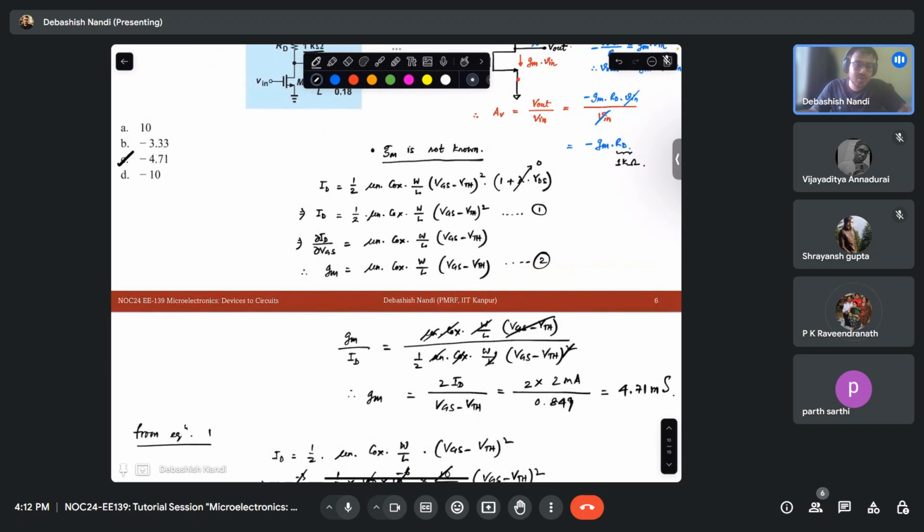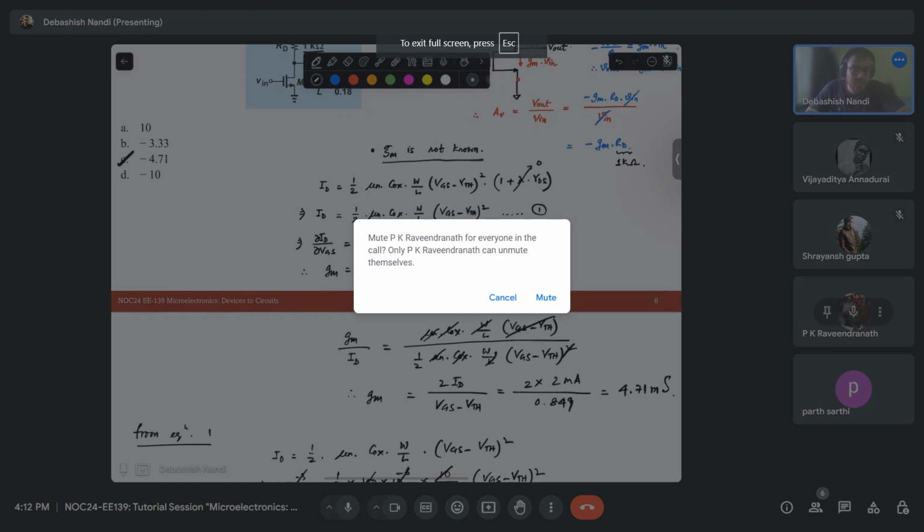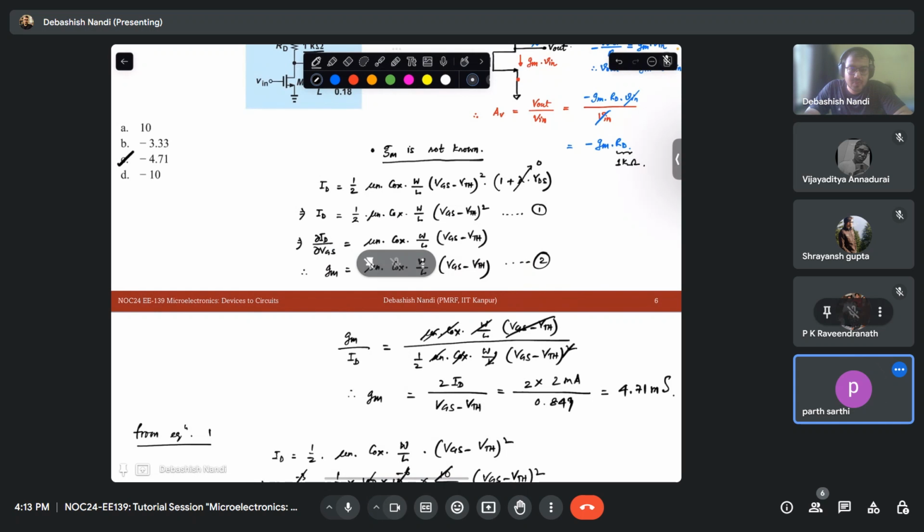So did you observe one thing? Your GM is depending upon the bias you have applied. Okay. The large signal parameters.